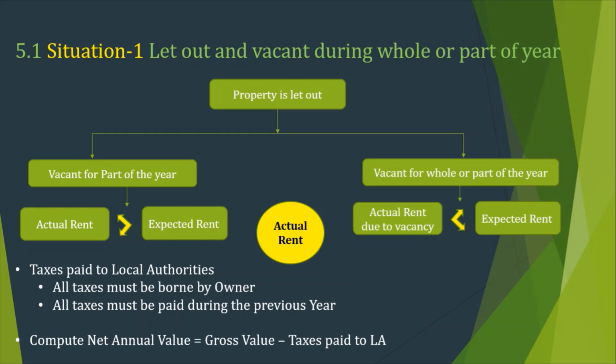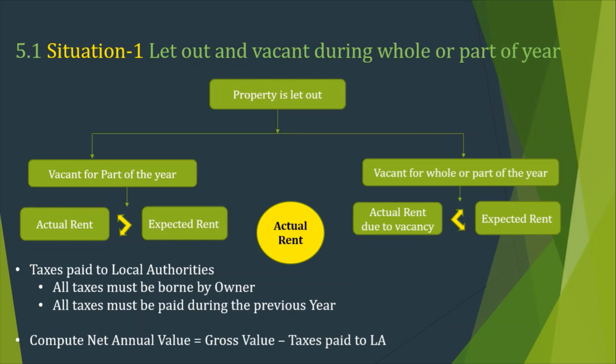If it is vacant for whole or any part of the year, but the actual rent is less due to vacancy, in that case actual rent shall be the gross annual value. So expected rent we will discuss in our topic number 5.5 in detail. Okay, so meanwhile you just keep it in mind.